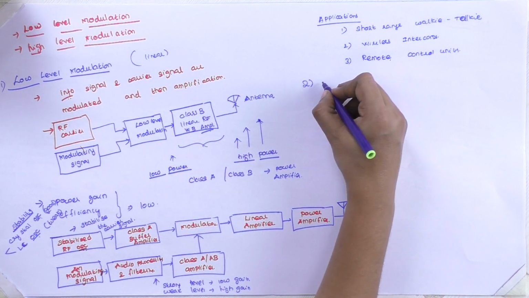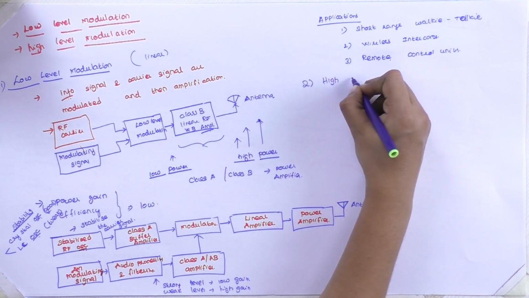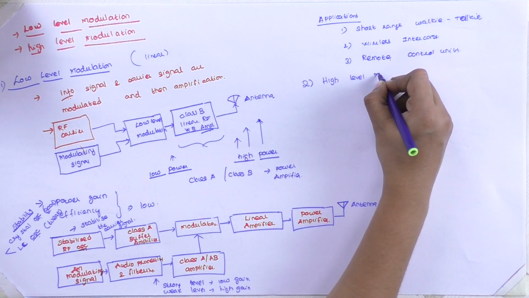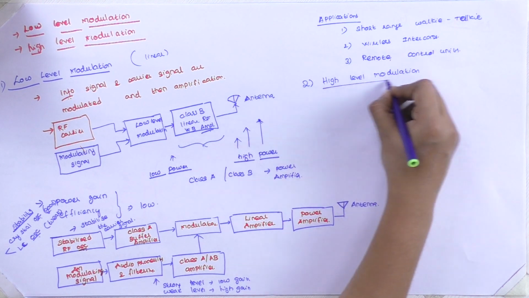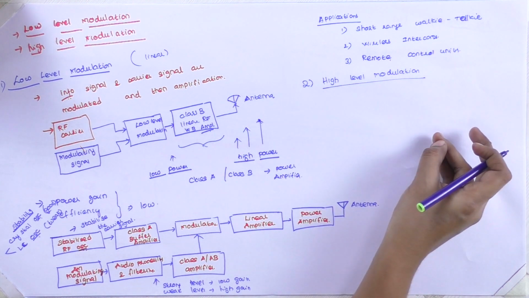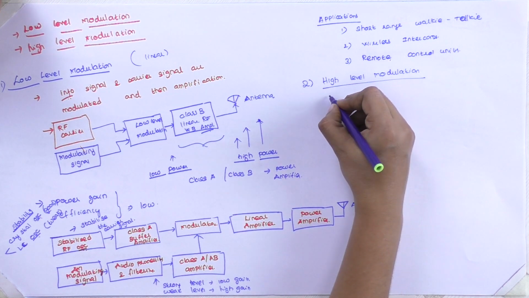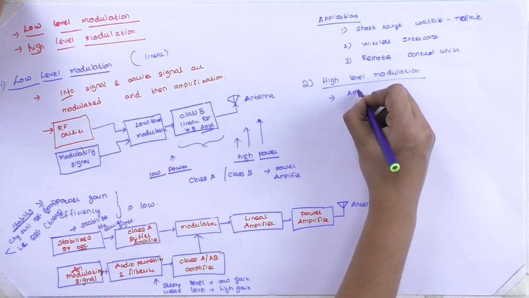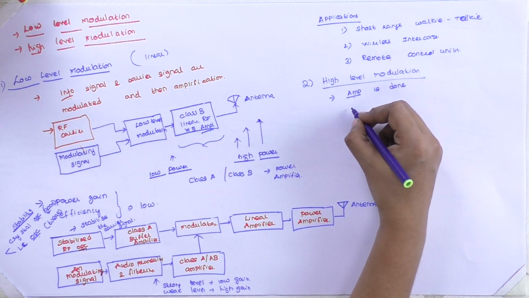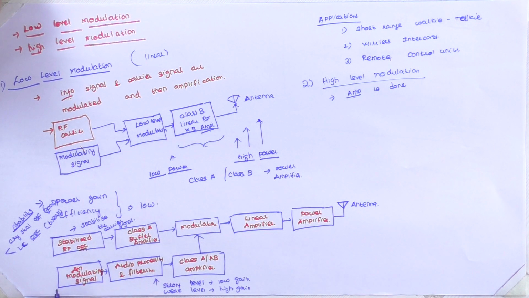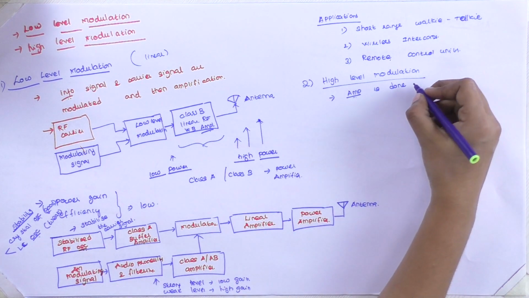Now we are moving on to the topic of high level modulation. In high level modulation, amplification is done prior to the modulation: amplification of the carrier as well as amplification of the modulating signal.